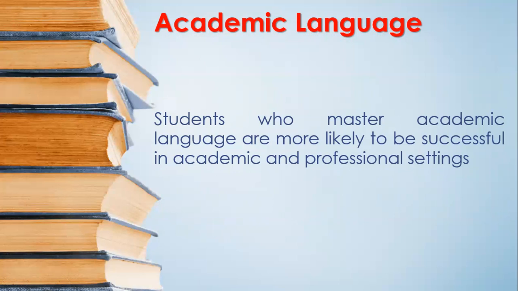Because you will be able to deal with other professionals or with other persons in the academe effectively. You will be able to express your ideas according to how they should be expressed using academic vocabularies. And if you have achieved that, then you will be appreciated.